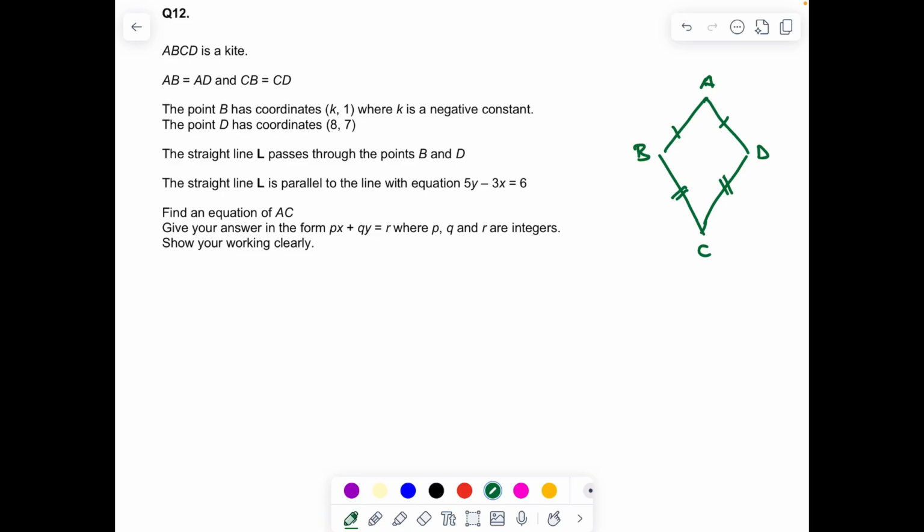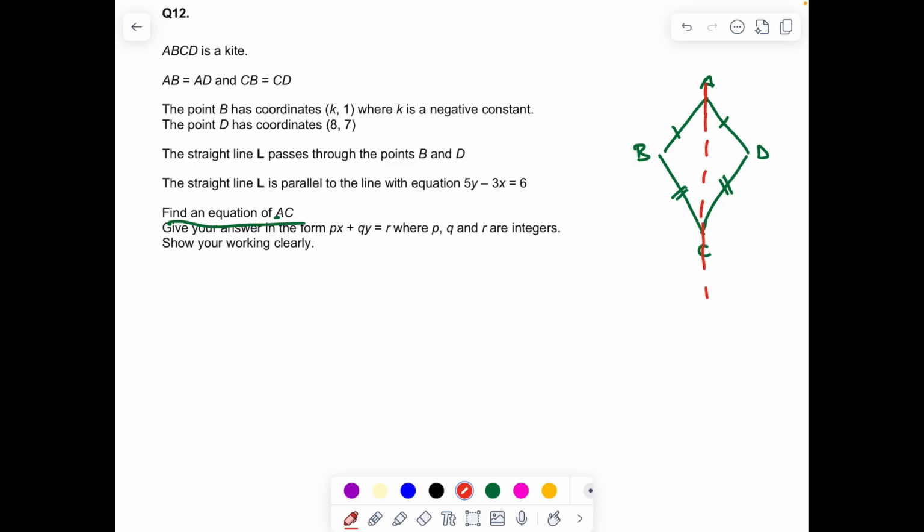So the first thing they want us to do is calculate an equation for AC. So just so that you can see, AC is this line here. First of all, we need to find BD.